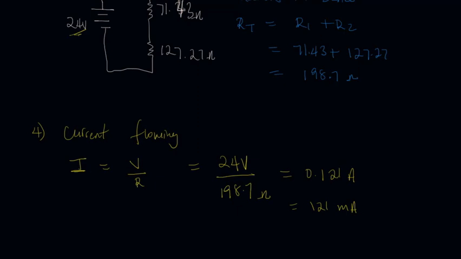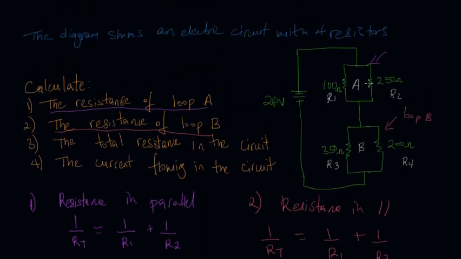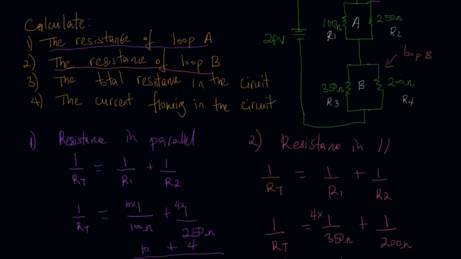So this is how you would work a question like this. First we would find the resistance of each loop, then we find the total resistance in the circuit, and then finally we find the current flowing in the circuit.